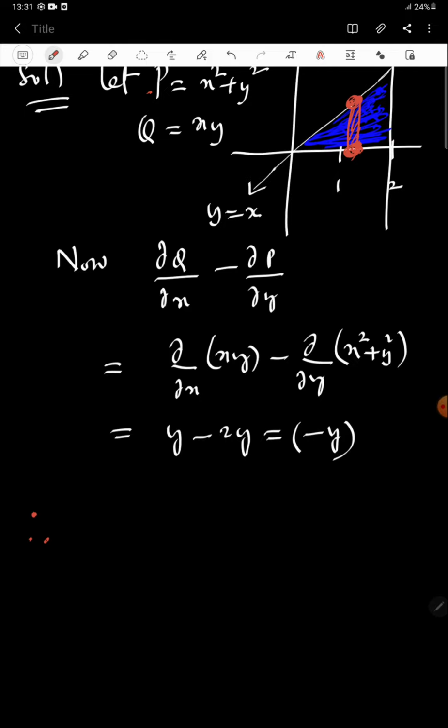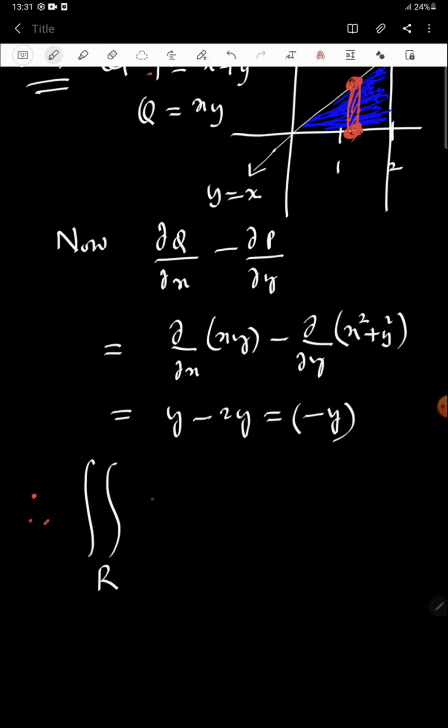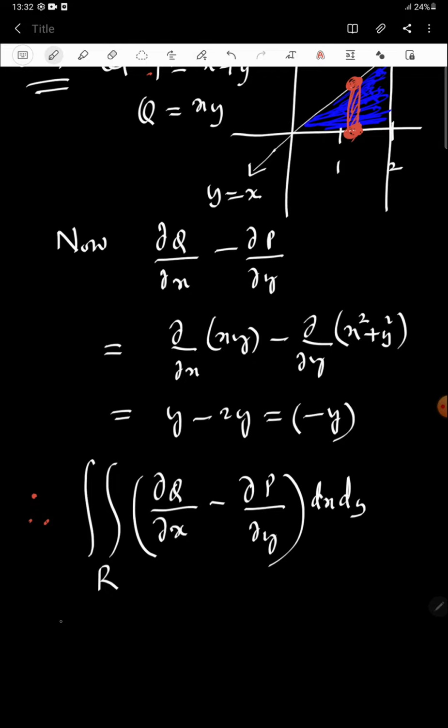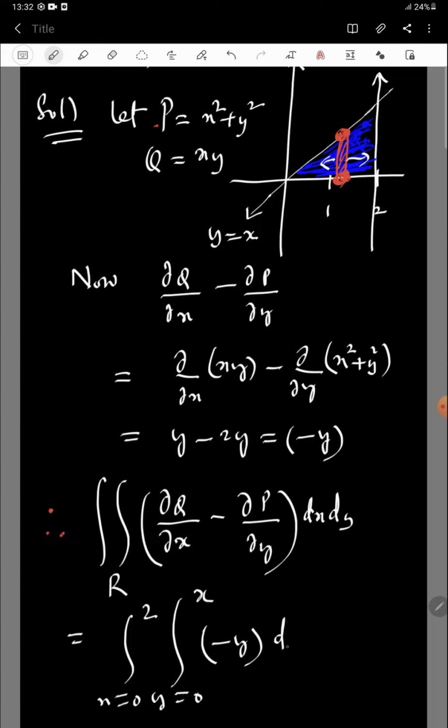Therefore, the integral over the region R of ∂Q/∂x minus ∂P/∂y dx dy becomes: y starts at 0 and ends at x, and if you expand this strip in both directions, x values start from 0 and end at 2, and inside the value is minus y dy first.